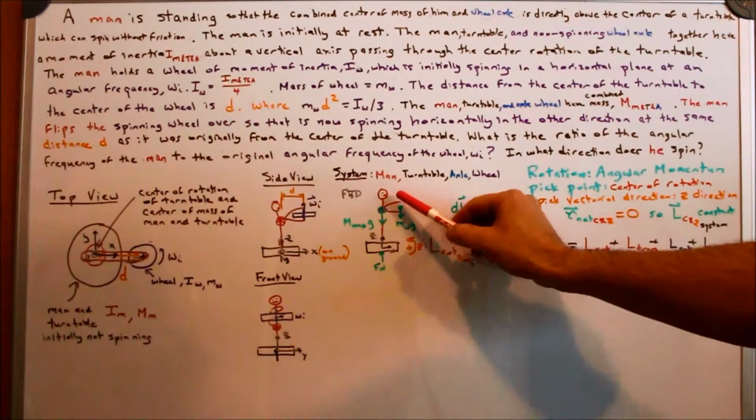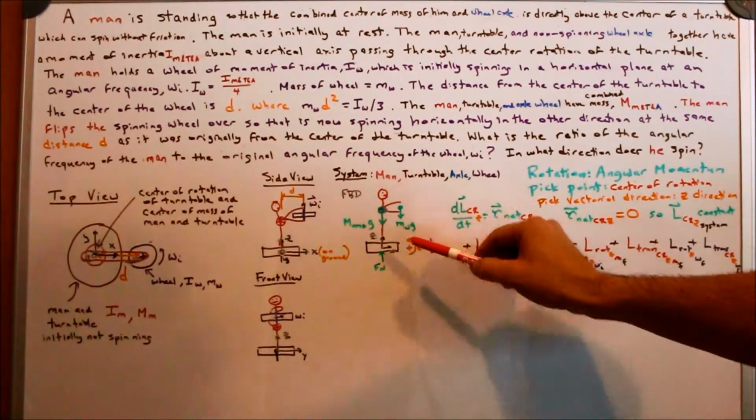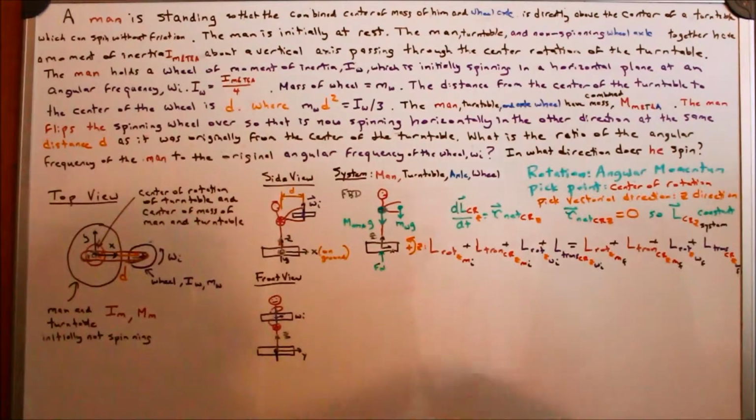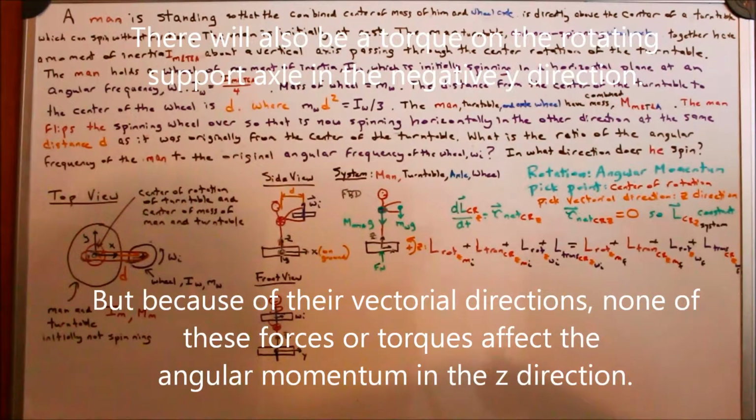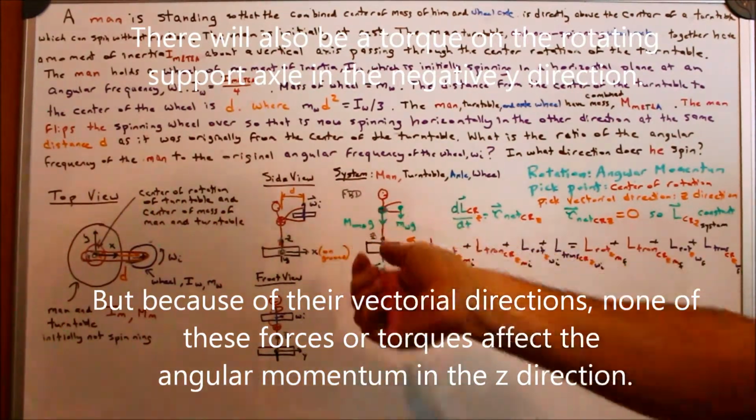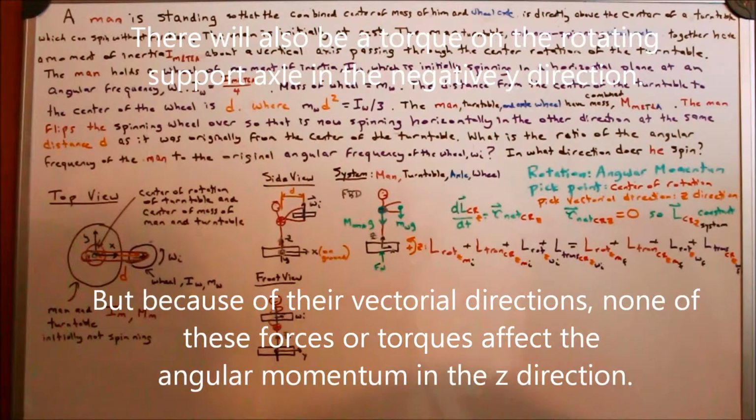So I have that force down. I have the force m_W g of the wheel down. I have some normal force, and those are the forces acting. But those are all acting in the up and down direction.